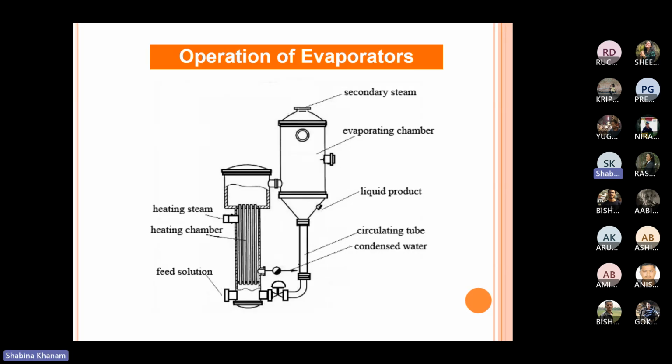So okay, next we have the operation of evaporator. How will this operation of evaporator be done? If you consider this evaporator, here I have this heat exchanger, this vapor liquid separator, and this circulating tube or recirculation pipe.